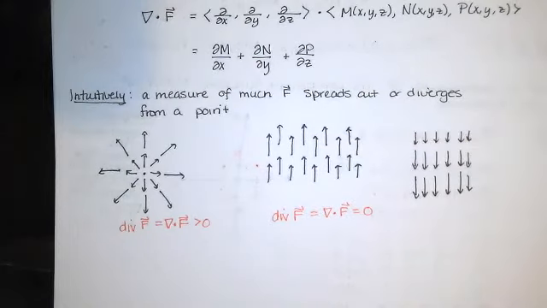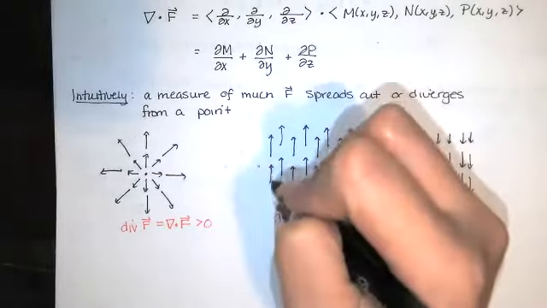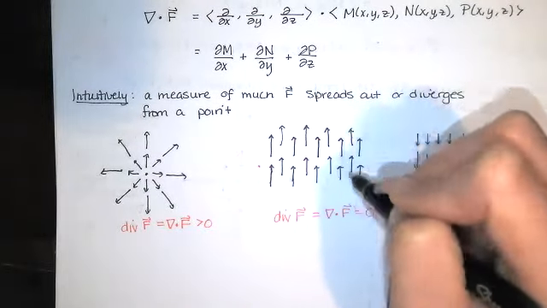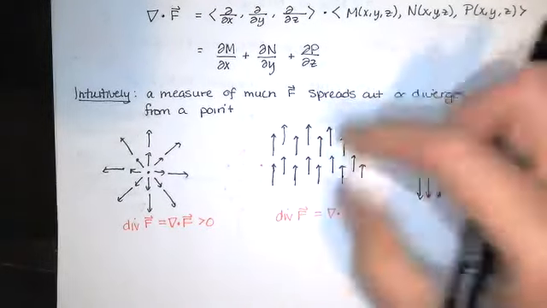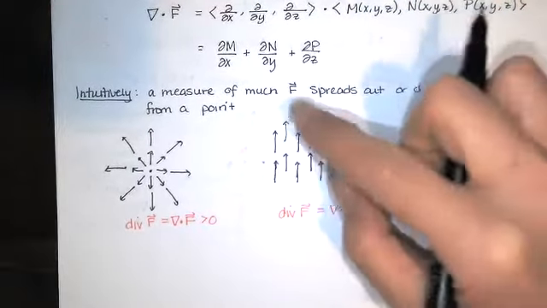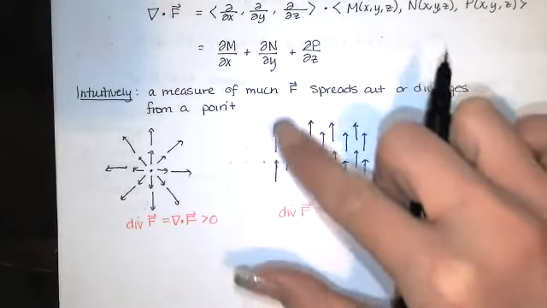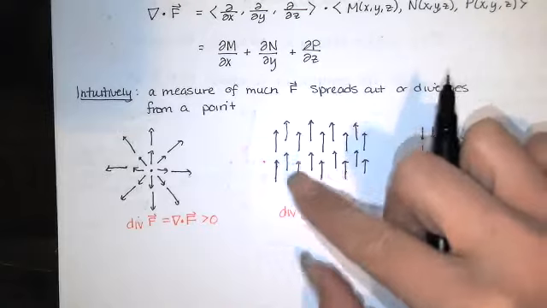I was trying to draw a graph where they were staying the same. The y component is supposed to be the same for all of those vectors. So you're asking, what's the change in the y component with respect to y?